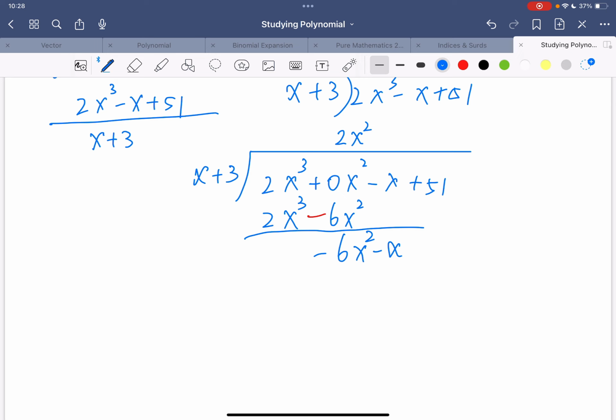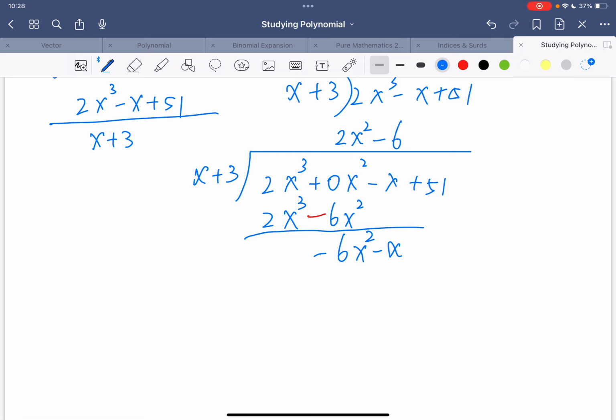And we still need to match the first term coefficient. Remember, when you do long division, always equalize the first coefficient. In this procedure it is the 2, in this procedure it is the negative 6. How can we match? It is the negative 6.